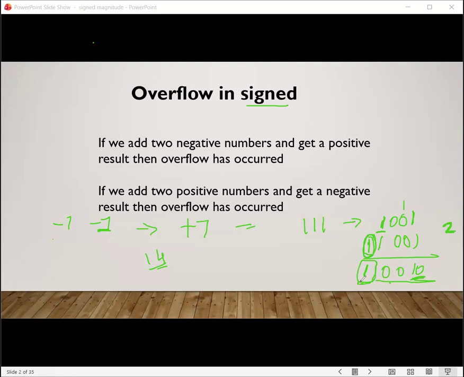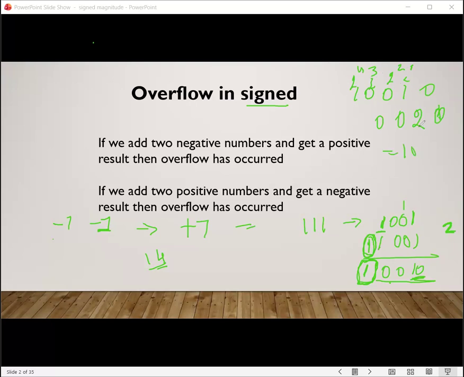And see the result, it comes out negative when we add two negative numbers. The value is 1, 0, 0, 1, 0. 2 to the power of 1, 2 to the power of 2, 2 to the power of 3, 2 to the power of 4. 8 and 8 is 16, 16 plus 2 is 18.